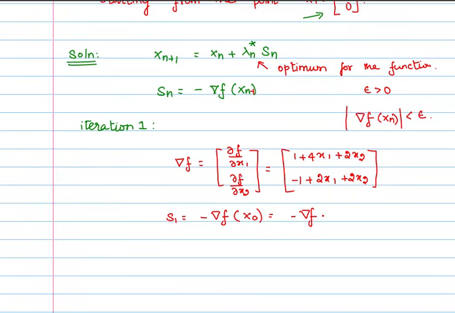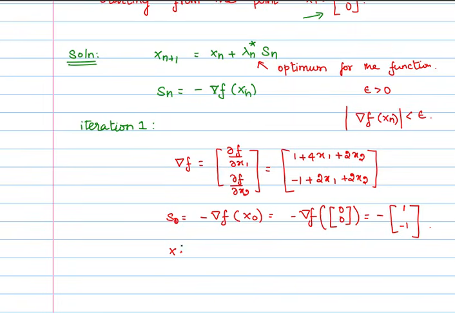Gradient of f of x0, with the given vector 0, 0, gives minus 1 and plus 1, so S1 is minus times that. Sorry for the confusion, this is x naught only.